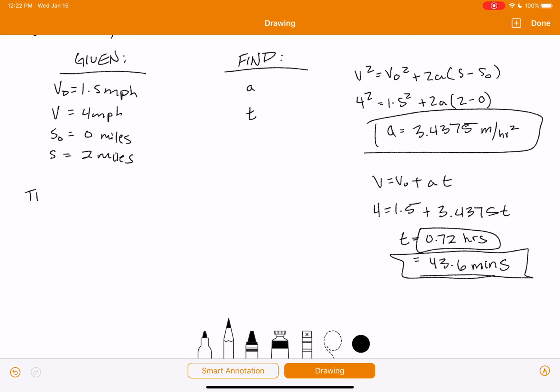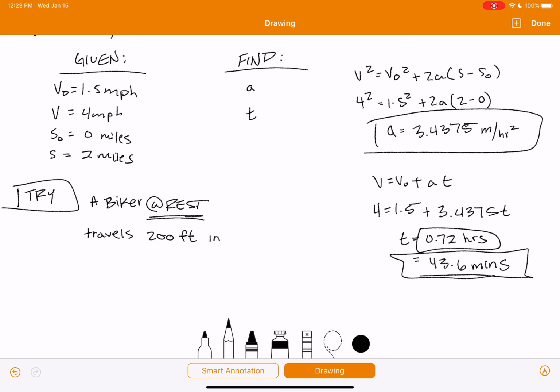All right, so that should be good for that. I'm going to go ahead and have you try one of these on your own. Let's do a biker who starts at rest, travels 200 feet in 25 seconds.